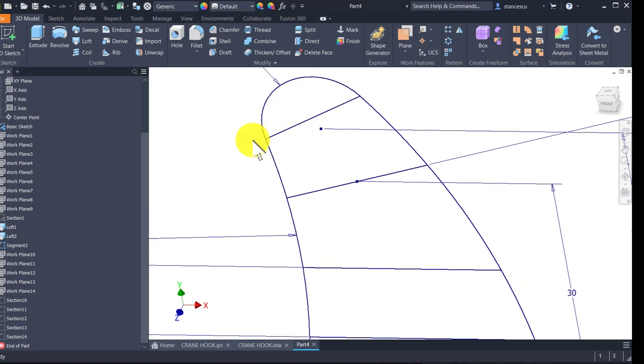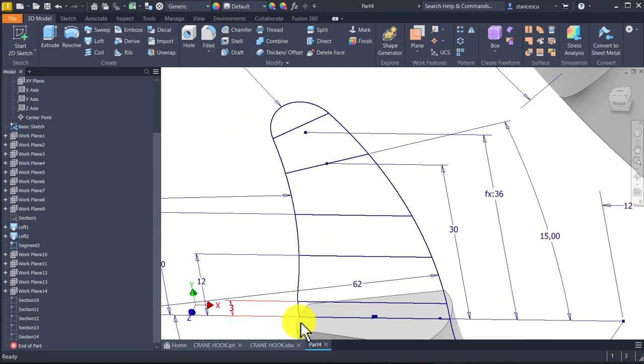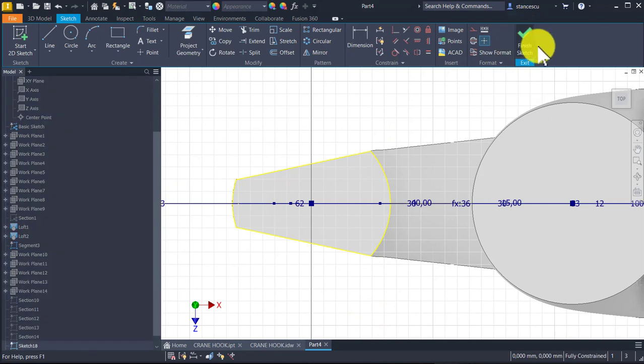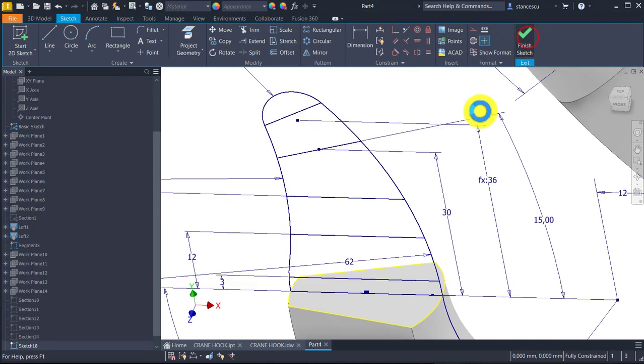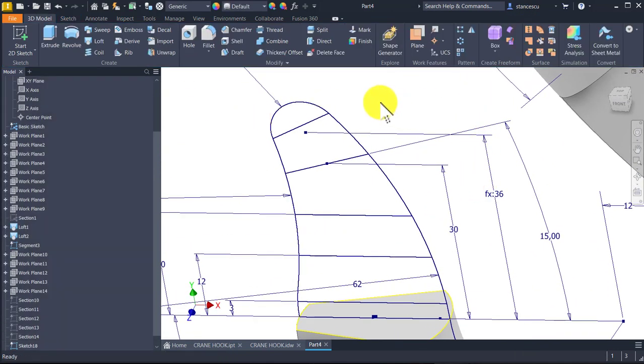Good. To complete the work, we have to add this face. Section and no section sketch. And I don't use rail to apply loft.